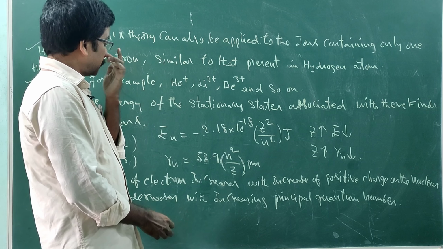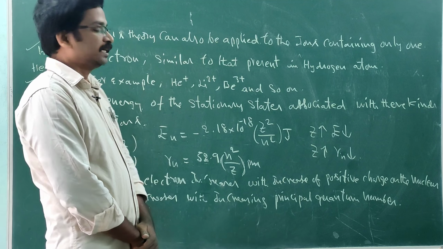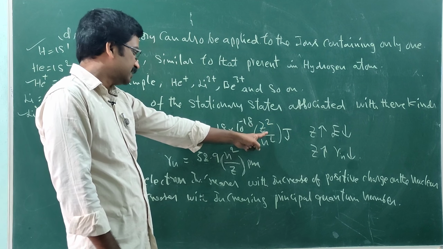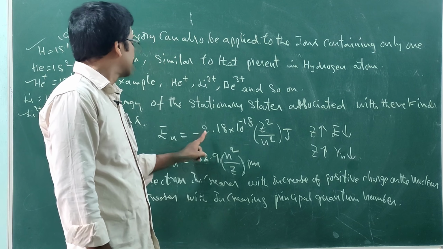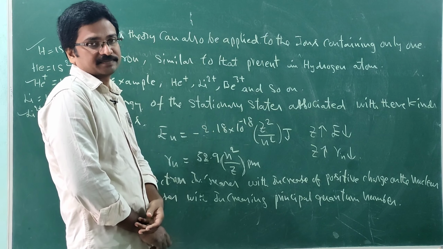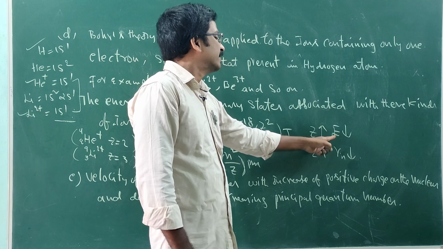Then two points are mentioned. If the Z value increases, the negative portion of the value also increases, which means energy decreases.